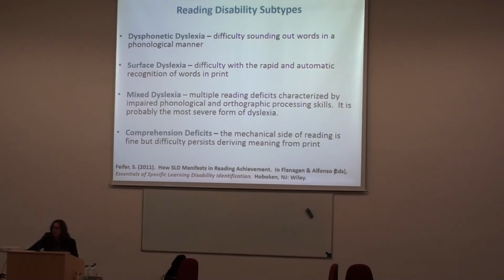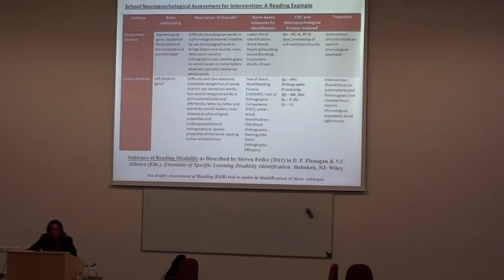There's also a type of disability related to reading, but it's related to reading comprehension deficits, even though the mechanics of reading are fine. So you can read, and probably read well, but you have a lot of difficulty acquiring meaning from text.